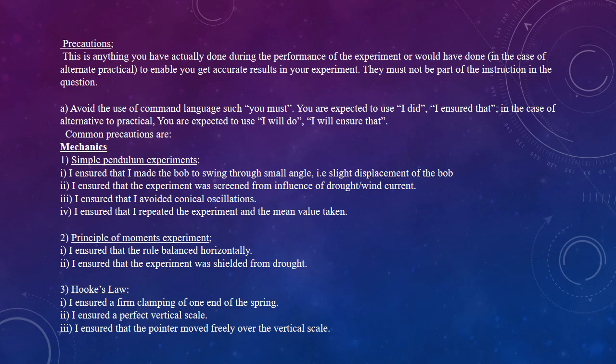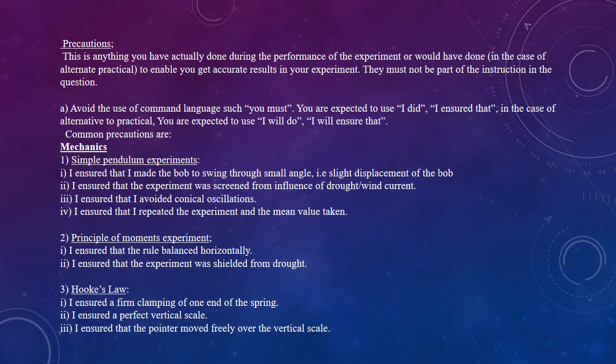You'll be given a pendulum bob, and you will also be given strings. In such cases, you'll be given a retort stand. In most cases, you know that this experiment is to be done in an airtight corner. So precautions can be derived from that. I advise that you go through these precautions to see the precautions that are suitable in each case.